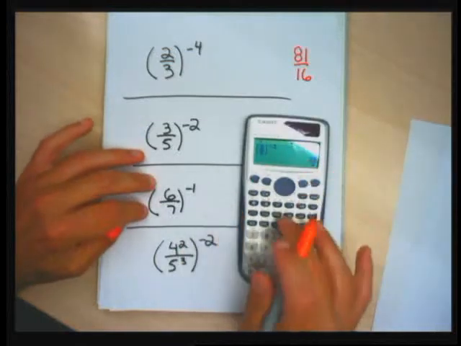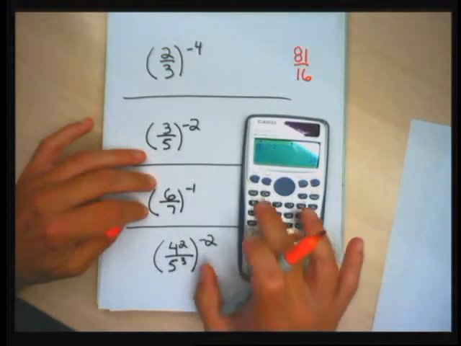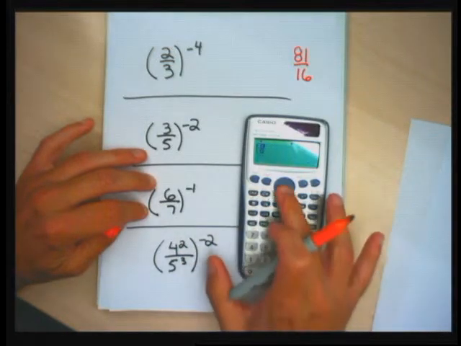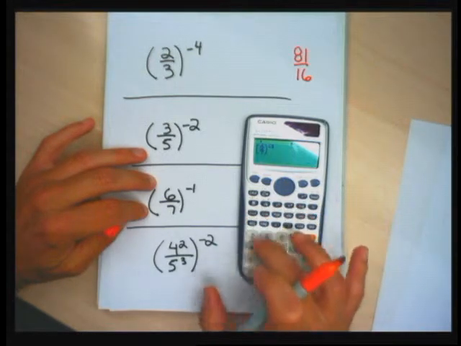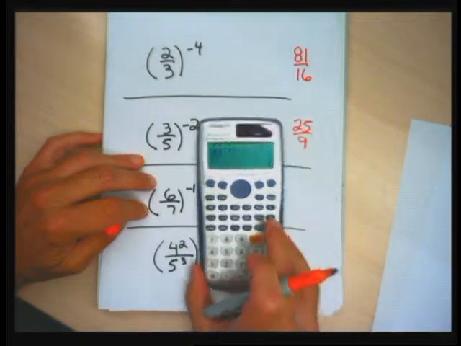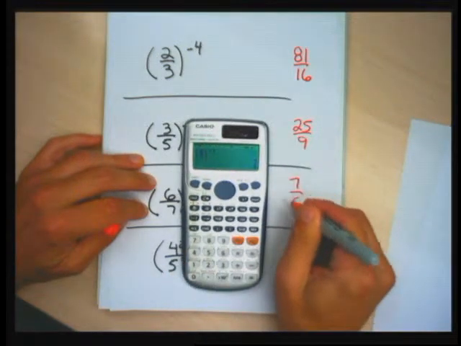The third one, parentheses, fraction, 6 over 7, parentheses, exponent, negative 1, comes out to 7 over 6.